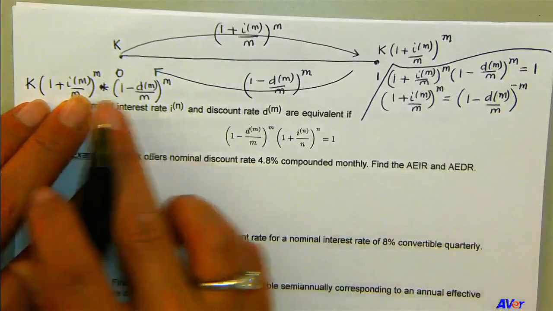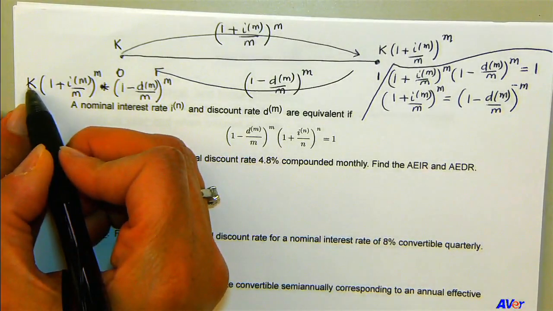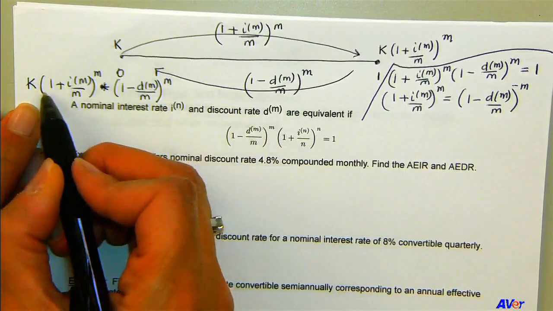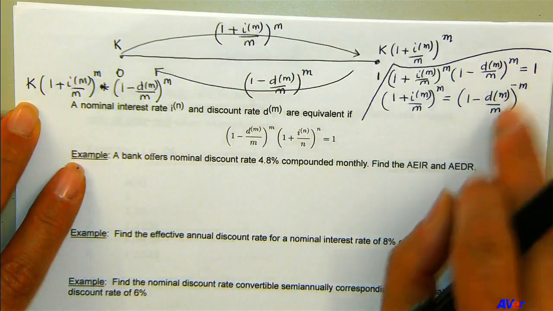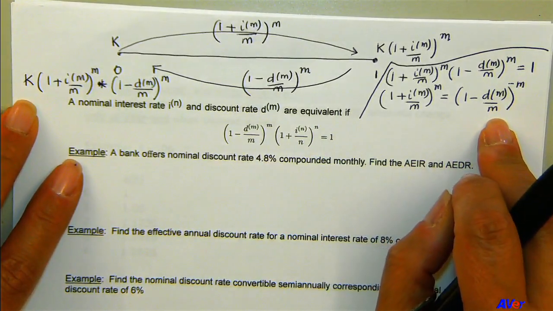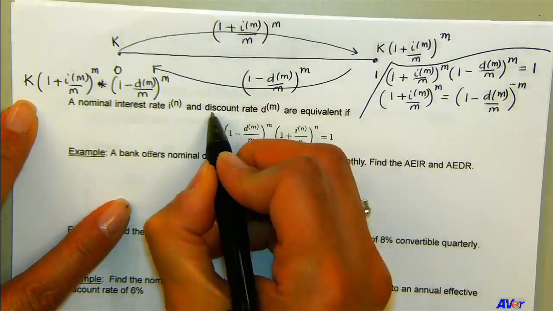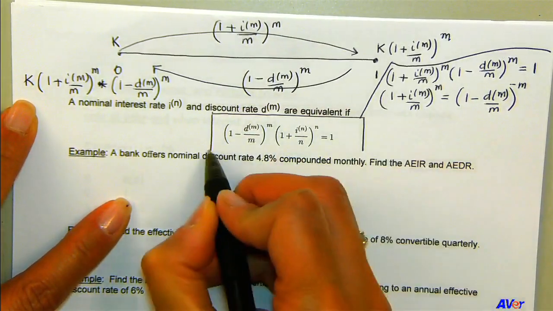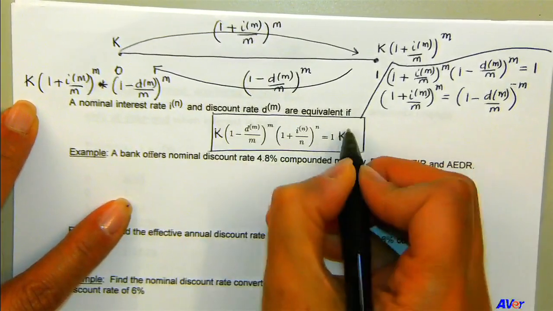The k's have canceled, and therefore 1 is equal to this product. So when I bring this to the right-hand side, it now has a minus exponent.